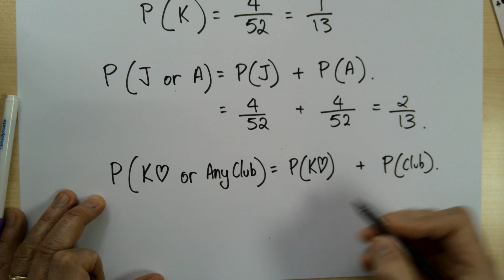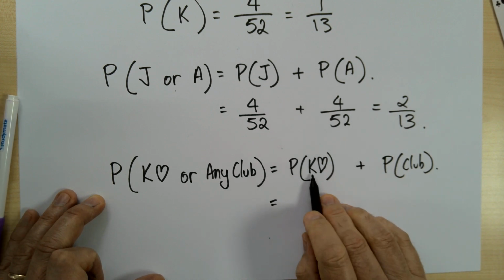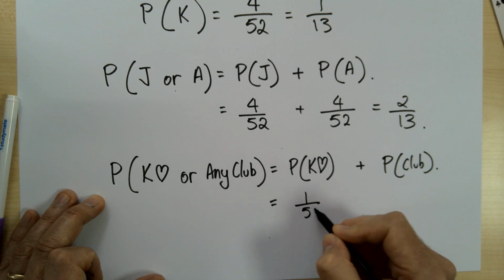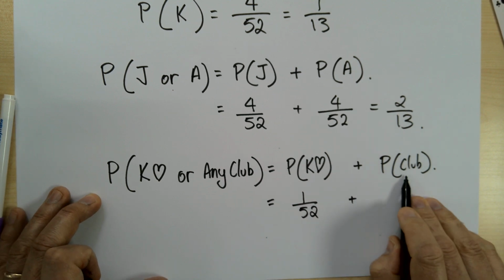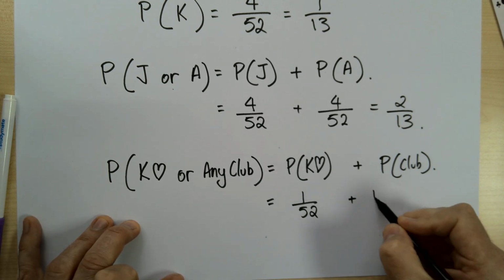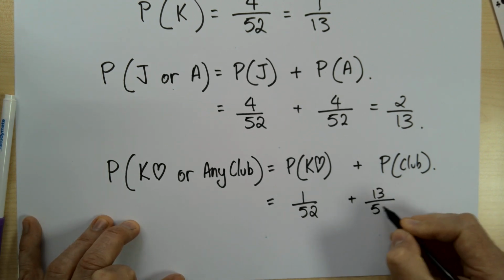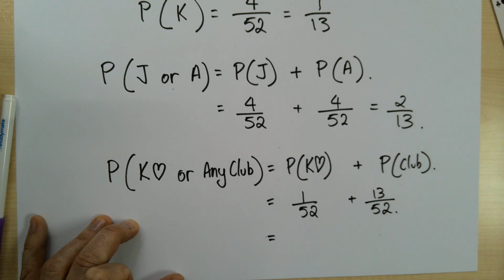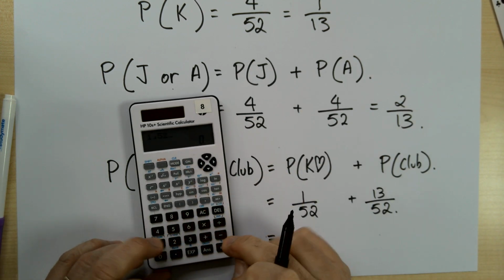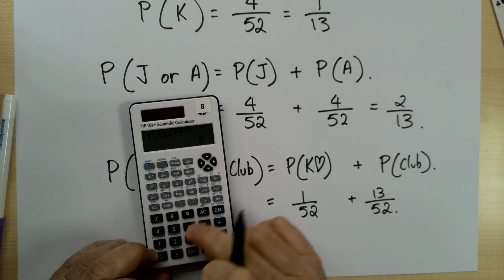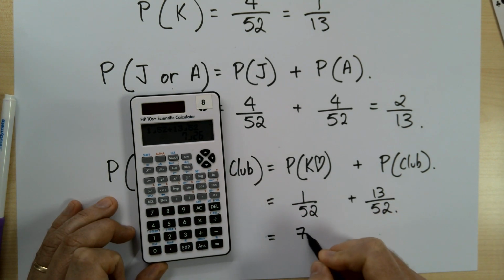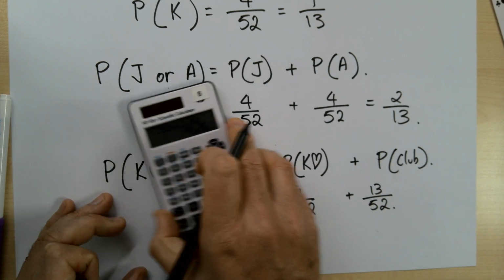What's the probability of the king of hearts? Well, there's only 1 king of hearts, so that's 1 over 52. How many clubs are there? There's a whole suit of them. Any club, I don't care which club it is, there's 13 of them. Okay, so now we get the magic buttons again. 1 over 52 plus 13 over 52 is 7 over 26.